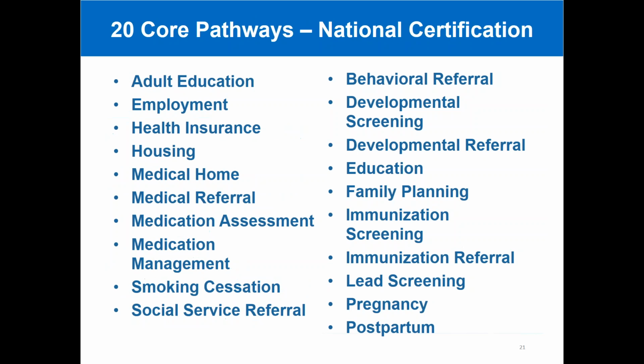This is just a listing of the 20 core pathways, and I'll talk about national certification towards the end of this, but just to give you a little bit of background, this model was selected by the Agency for Healthcare Research and Quality as their first learning network under their Innovations Exchange.